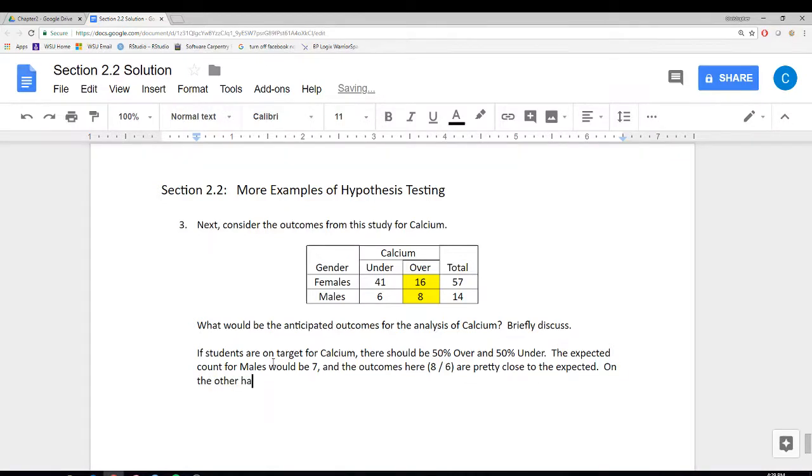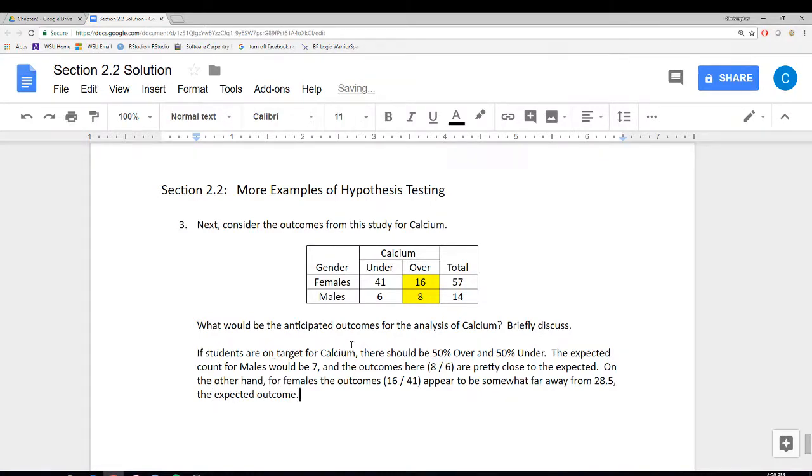On the other hand, for females, the outcomes 16 and 41 appear to be at least somewhat far away from 28.5, the expected outcome.